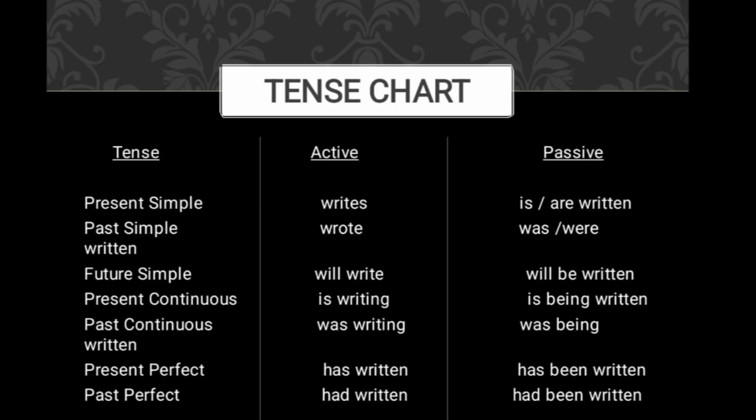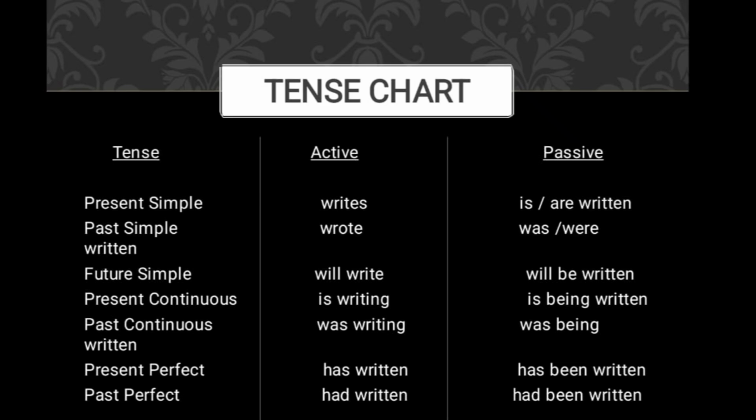Past simple wrote will change into was written. Future will write will change into will be written. Similarly, other tenses follow the same rule. So always remember, keep the tense the same while changing the voice.